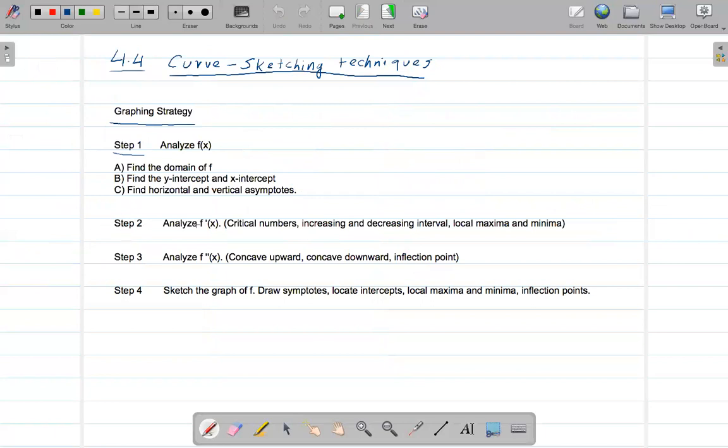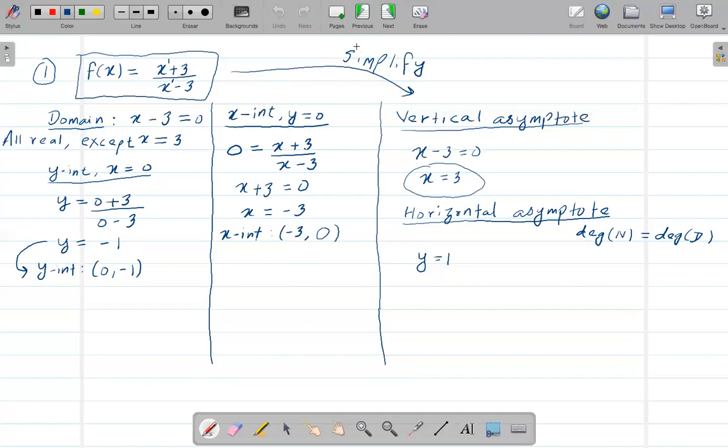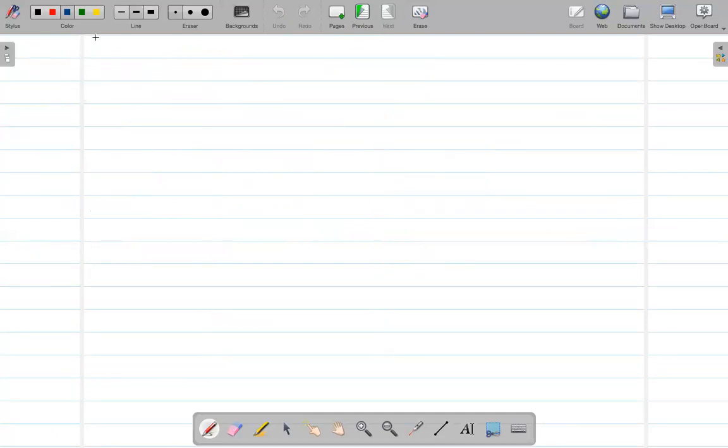So for step 2, I have to take the first derivative. So let's go to the next page for that.